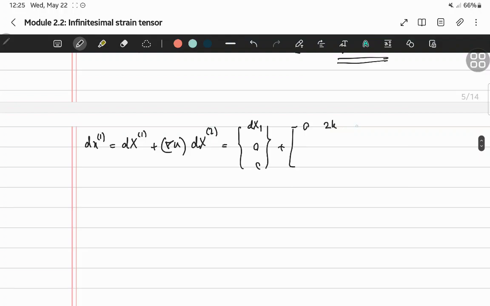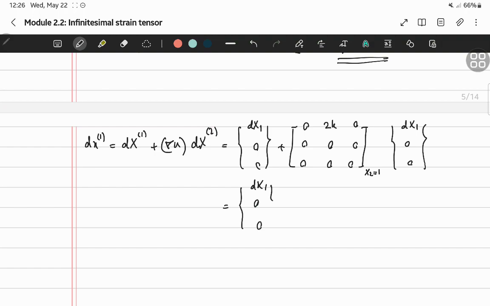So 2k and 0, 0, 0, 0, all the rest. Then I have dx1, 0, 0, plus 0, 0, 0. So this becomes again dx1, 0, and 0.